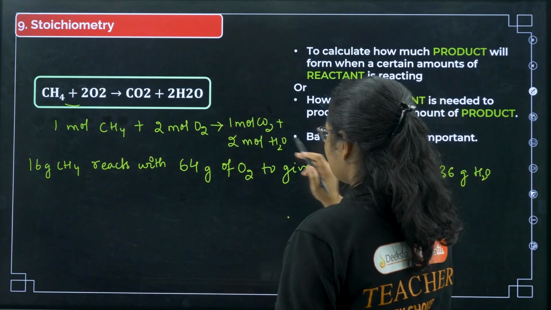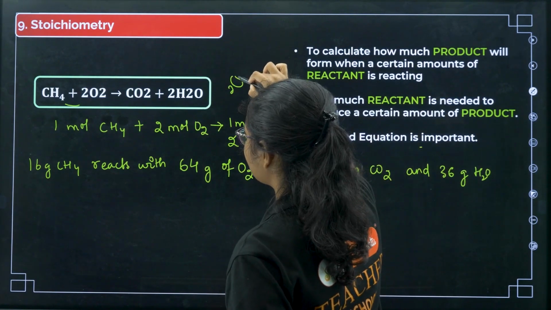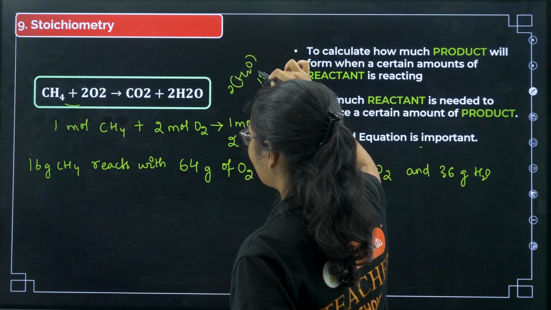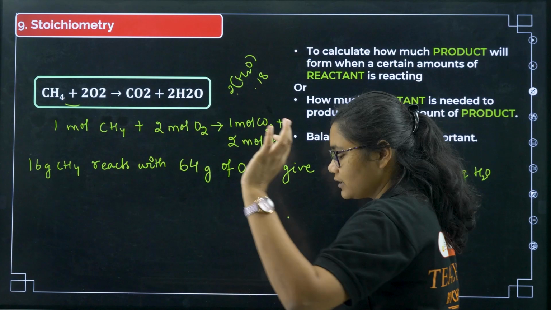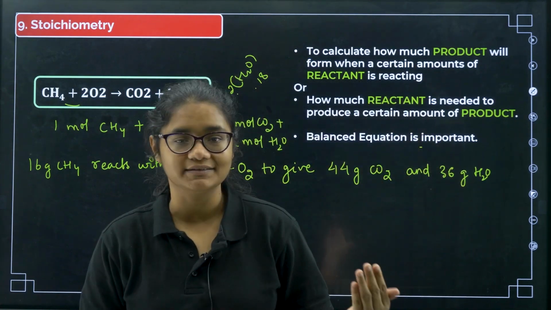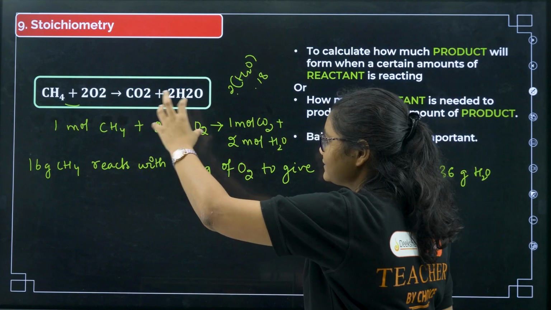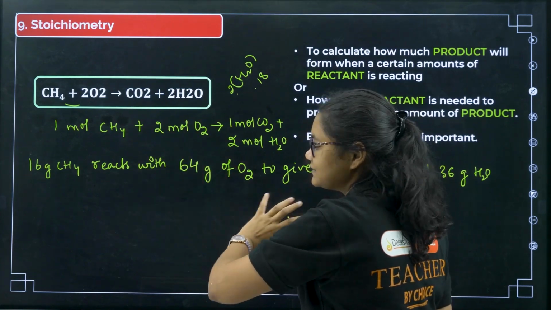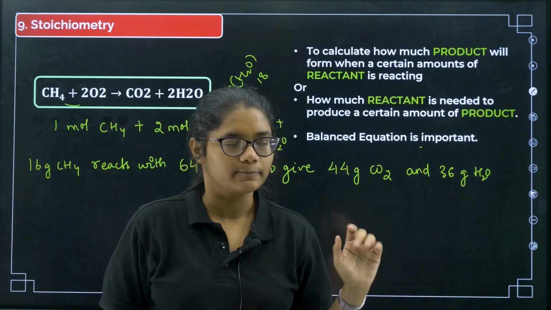We have 2 moles of water here, and each water is 18, so 2 into 18 is 36. So these are the 2 important things you should understand from a balanced chemical reaction: what it tells about the amounts of reactants and about the masses of the reactants and products. We'll do questions and it will be more clear.